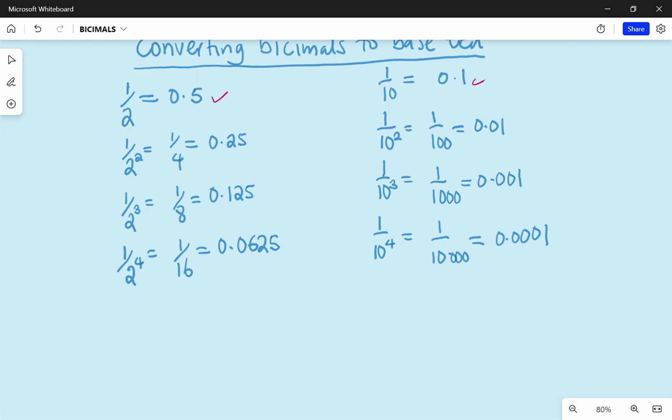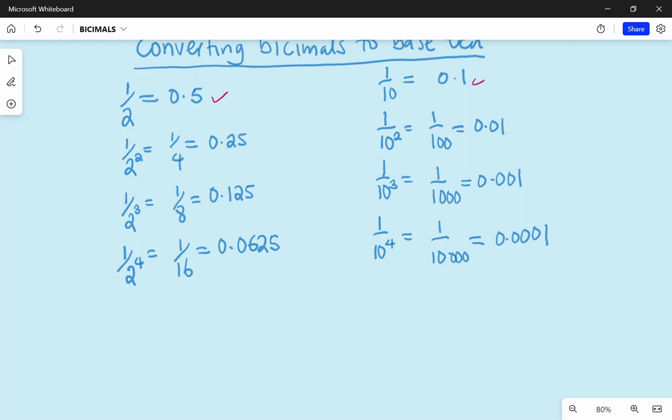In a similar manner, to get to 0.01, I'm squaring 0.1. To get to 0.125, I'm going to cube 0.5. Similarly, to get to 0.001, I'm going to cube 0.1.